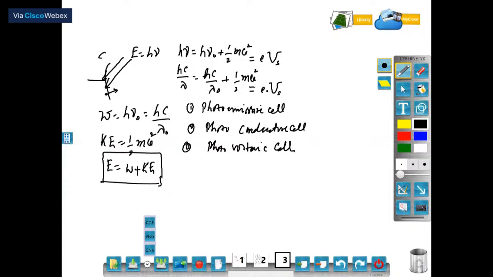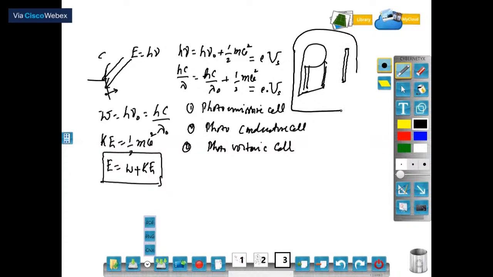The photoemissive cell, as usual, consists of a cathode in the form of a semi-cylindrical plate, and an anode, which is a metallic rod. Both of them have been enclosed in an evacuated glass tube.